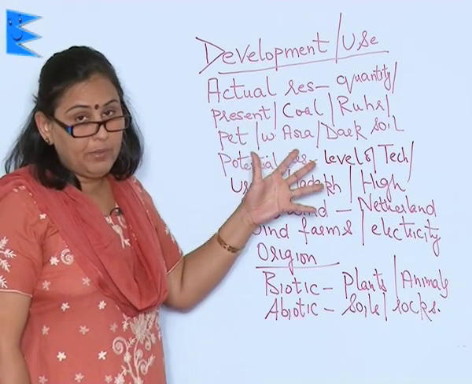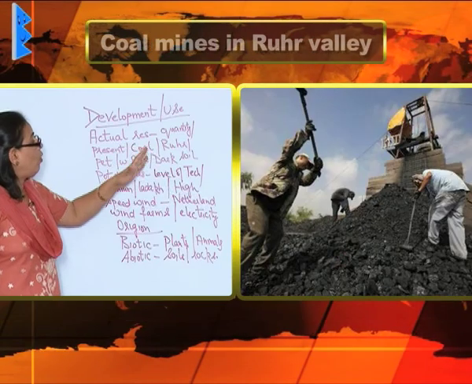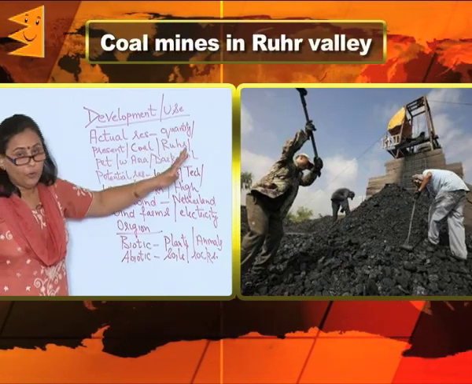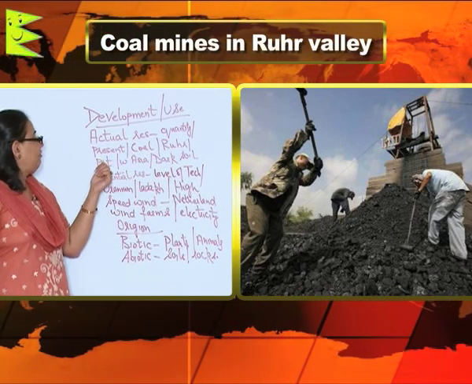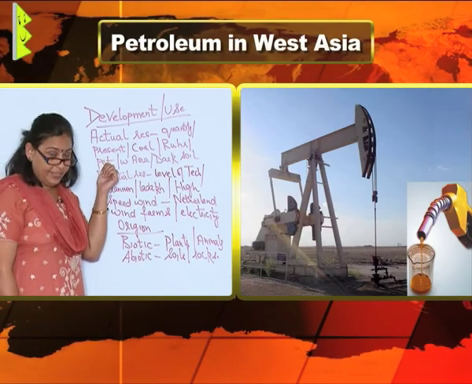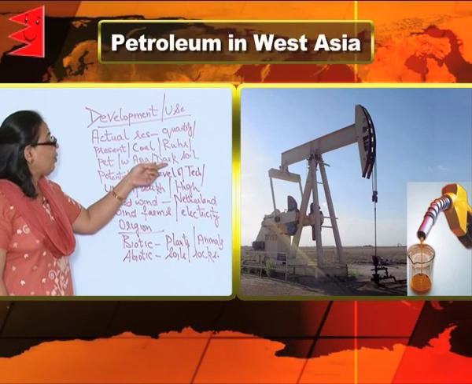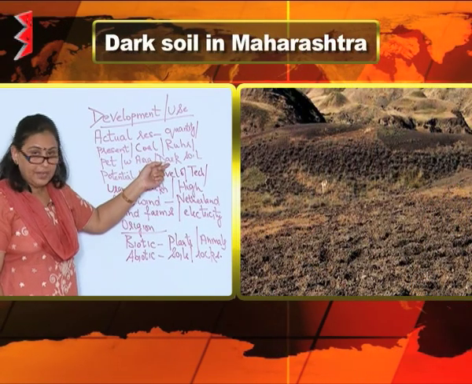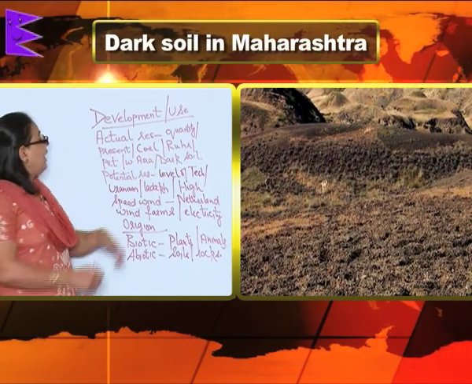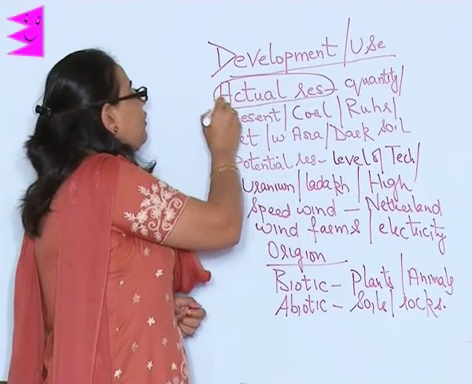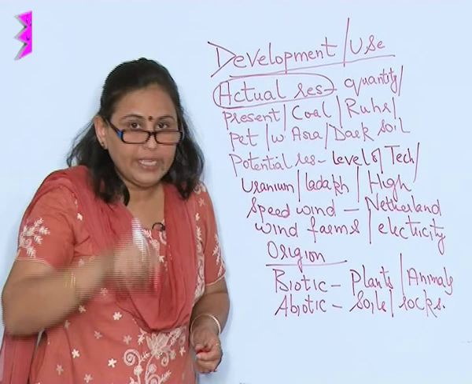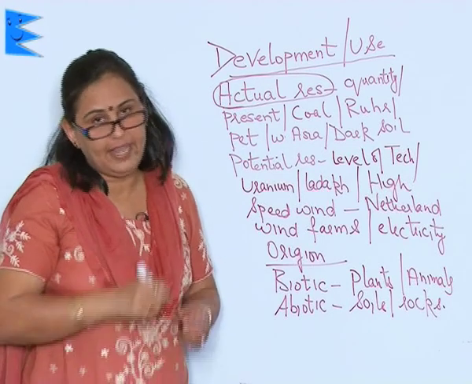For example, if I talk of the coal mines at Ruhr Valley in Germany, or petroleum in West Asia, or the dark soils in Maharashtra, they are all actual resources. Quantity is known and we are using it in the present day.